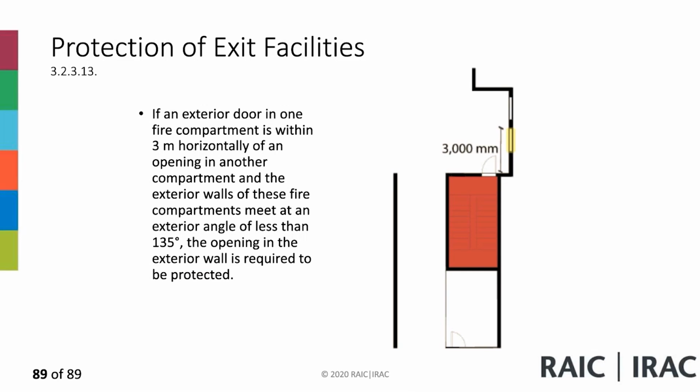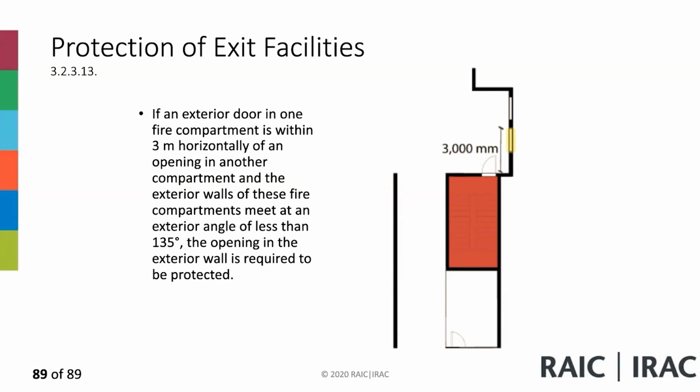There are lots of provisions related to exterior elements in exterior walls, and there are allowances for unlimited unprotected openings for certain cases. That's in 3.2.3.10. For a low fire load, one-storey building, there are allowances. So these are all exemptions to what the table requires.